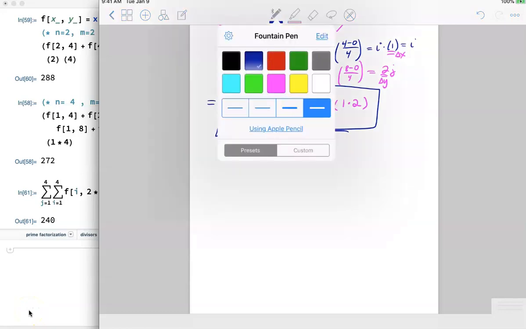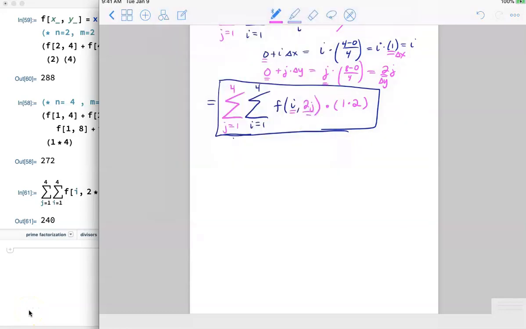Right, in the last video we were looking at the double integral from 0 to 4 and from 0 to 8 of the function x plus y dx dy.